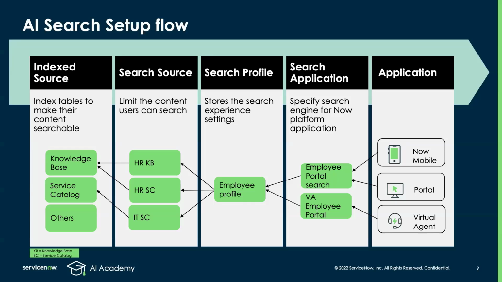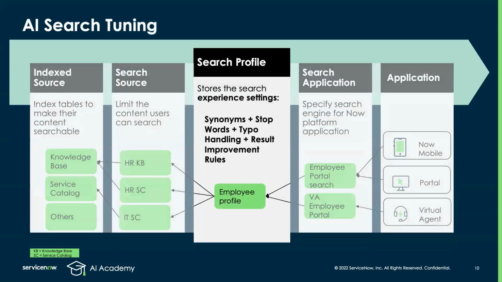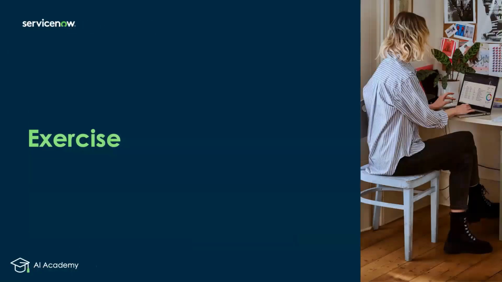We also mentioned that there's a search profile and a search application that makes search available on a specific application. In the search profile, there are a lot of settings that can help you personalize the experience, and those are synonyms, stop words, typo handling, and result improvement rules. So with that being said, let's go to an instance and start our live building exercise.